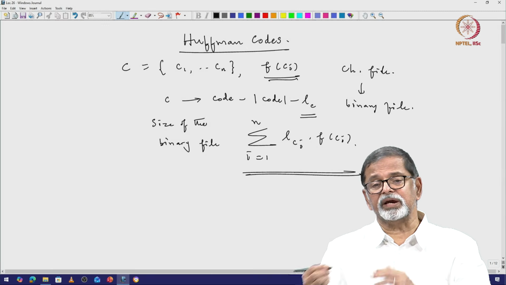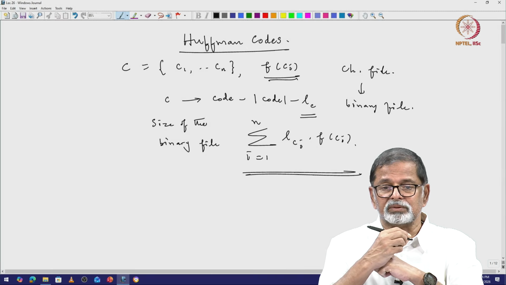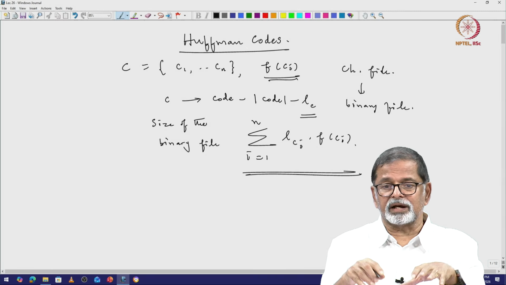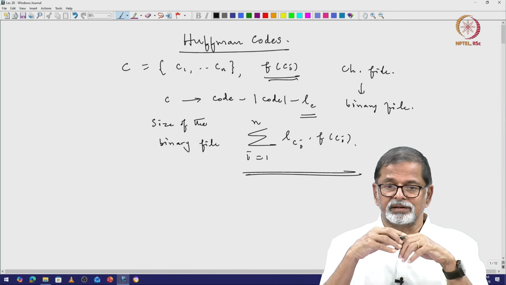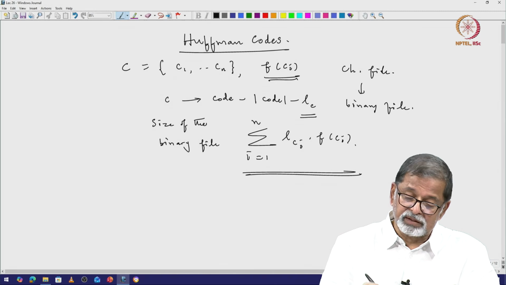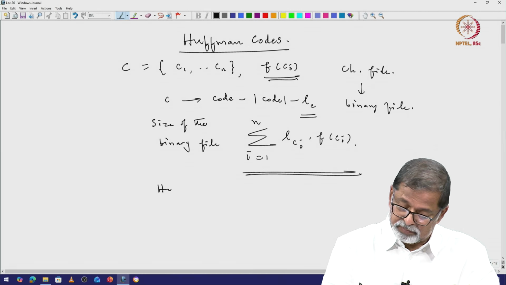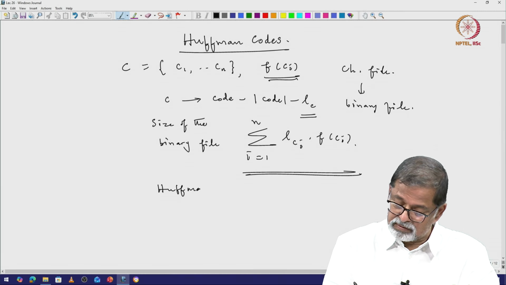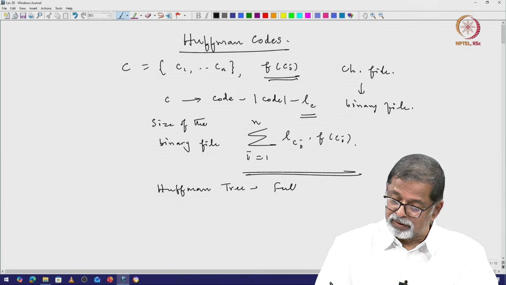There is a neat way to handle the kind of coding scheme that we are going to use: a full binary tree. The full binary tree is called the Huffman tree.